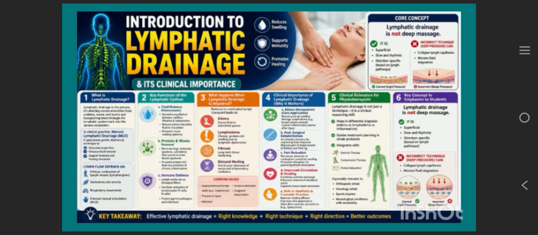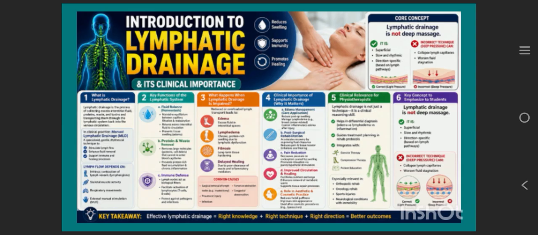The next topic is clinical relevance for physiotherapists. For physiotherapists, lymphatic drainage is not just a technique, it is a clinical reasoning skill.